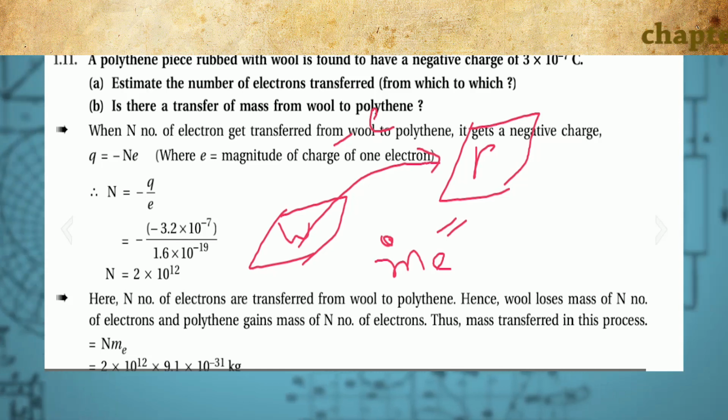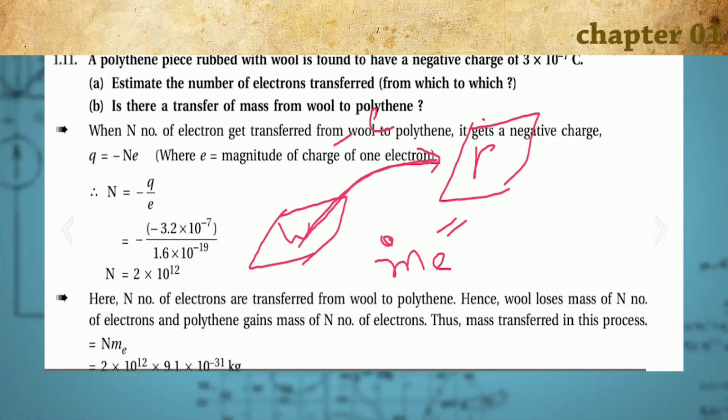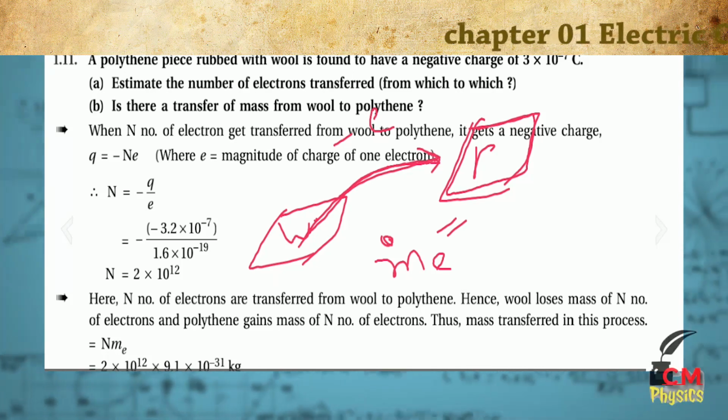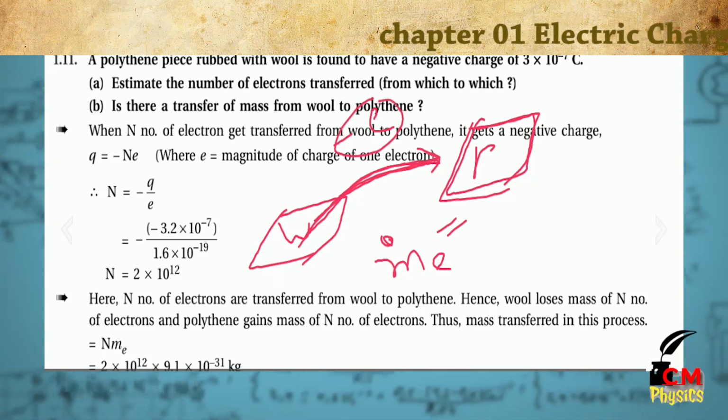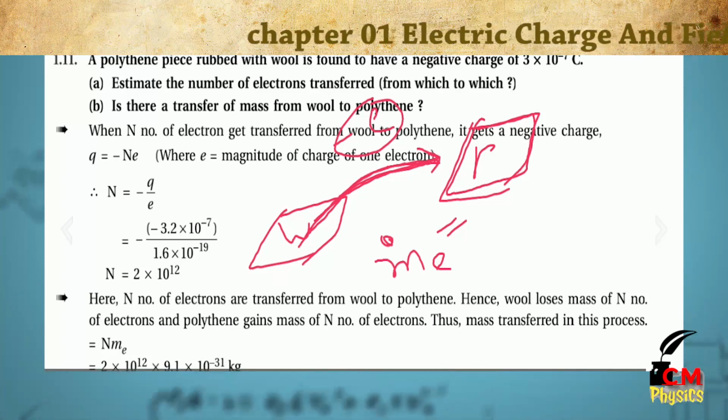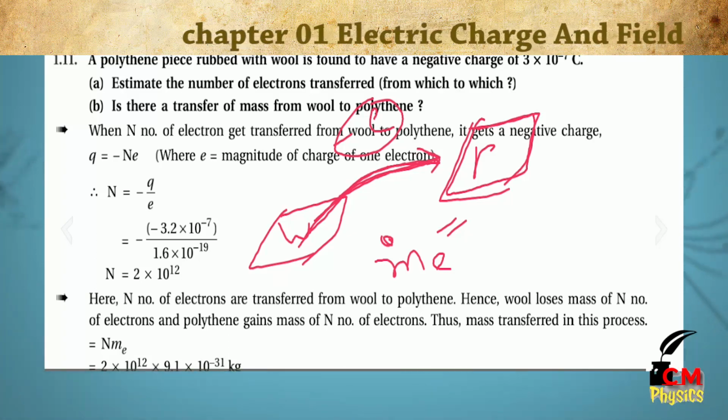Then when we charged polythene, electron is transferred from wool to polythene. Then electron carries two things, one is charge and another is mass of electron.